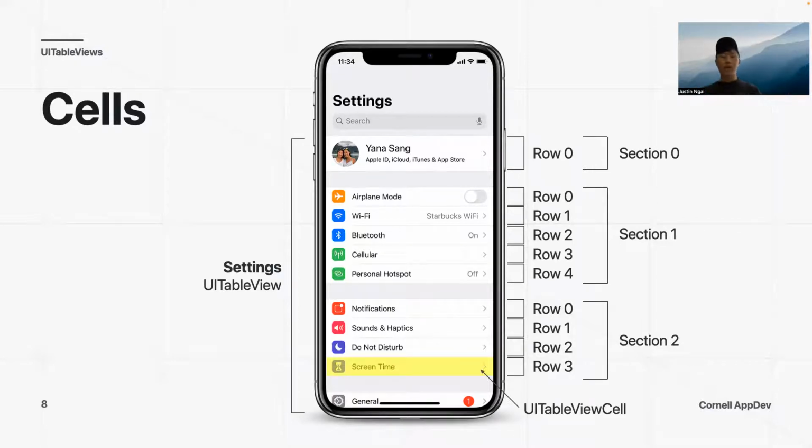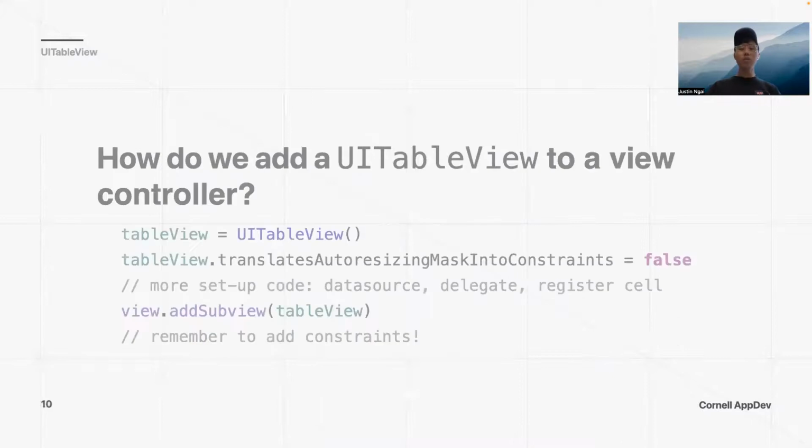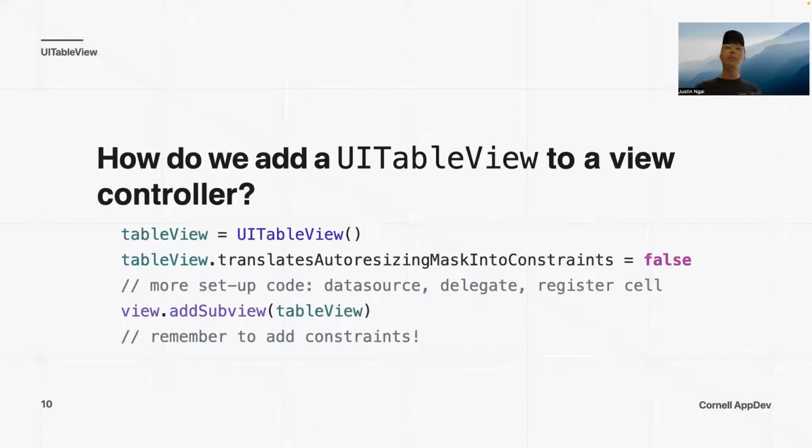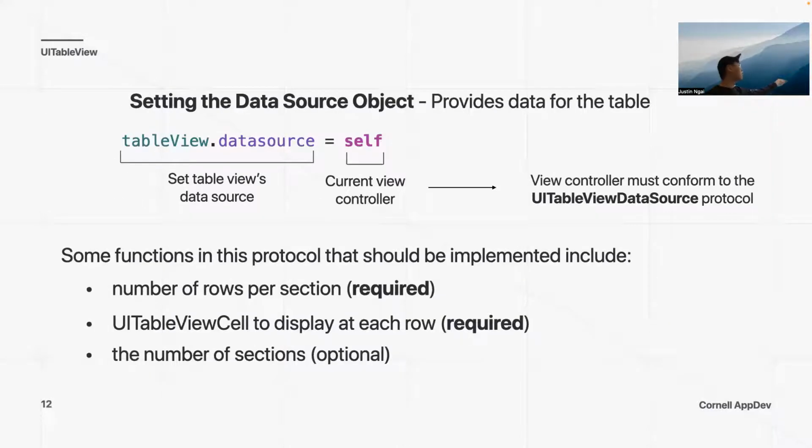The second section has five things in it, the next section has four things in it, etc. So how does the table view know how many things it needs to populate? It doesn't. You have to tell it. That's why you need to specify the number of rows per section. I'm going to show you an example of what that looks like later.